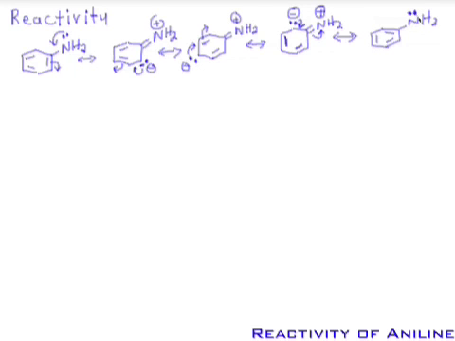How does this explain the reactivity? Reactivity, remember, indicates that aniline is an activator. We can explain its activation by looking at the negative charges. Resonance actually places negative charges around the ring.